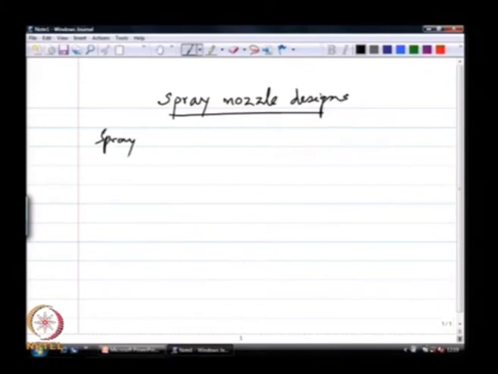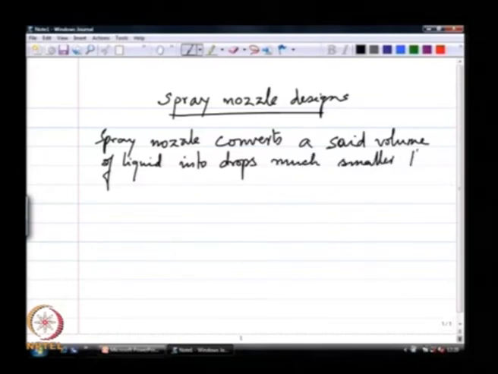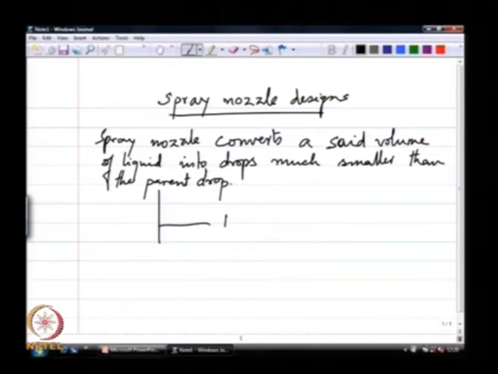So, a spray nozzle, we started to say, converts, is sort of a crude definition, but as it turns out it increases.